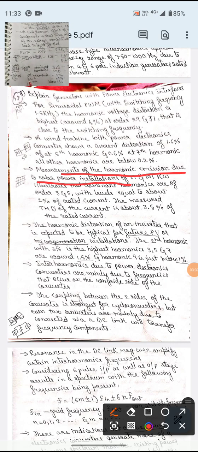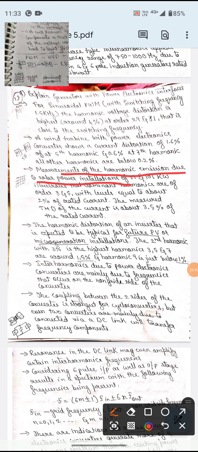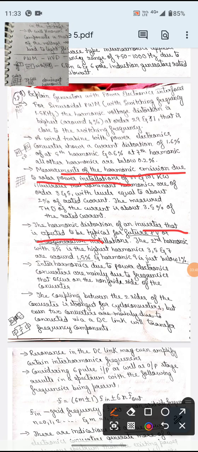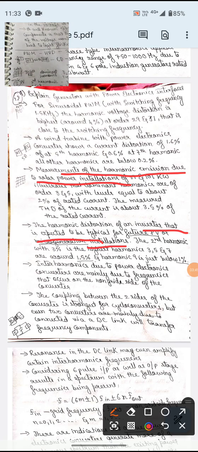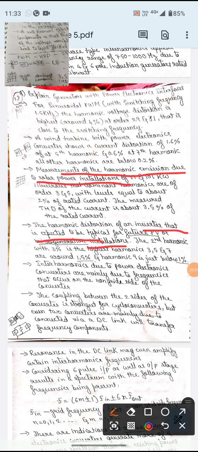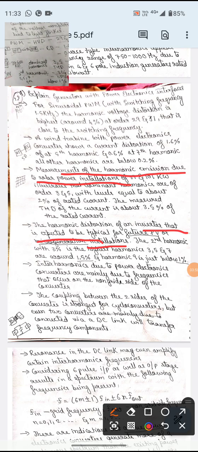Next, it is a harmonic distortion of an inverter that is expected to be typical for future PV or microgeneration installations. When it comes to the inverter, the second harmonic is 3%.